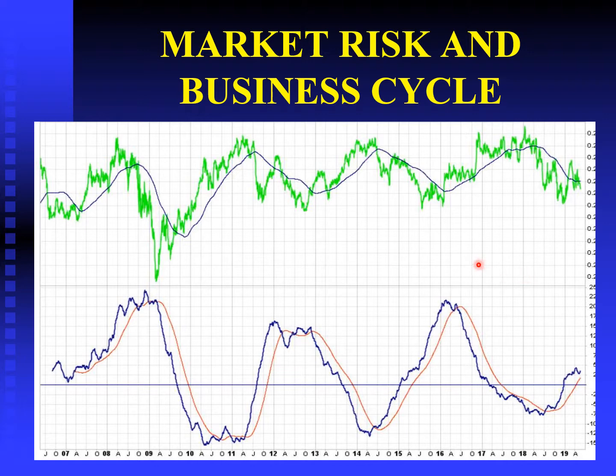What is fascinating is how the two gauges are absolutely similar. When the economy strengthens, of course, risk declines, and of course the market is strong because the market expects higher, stronger growth in earnings.